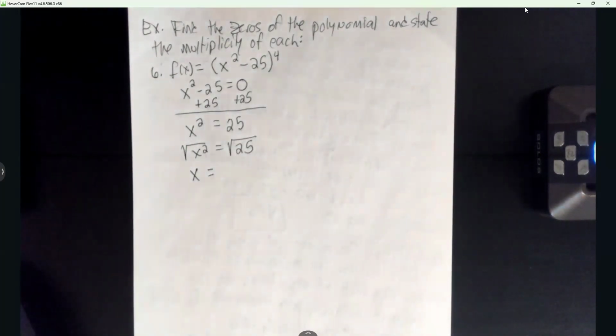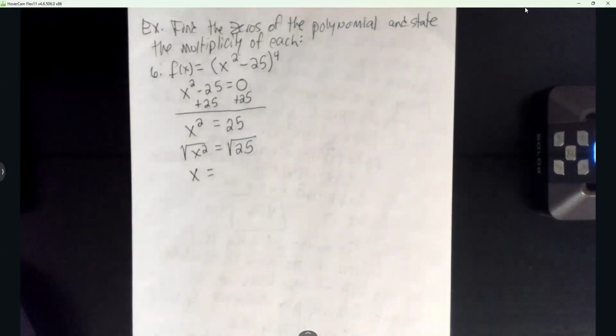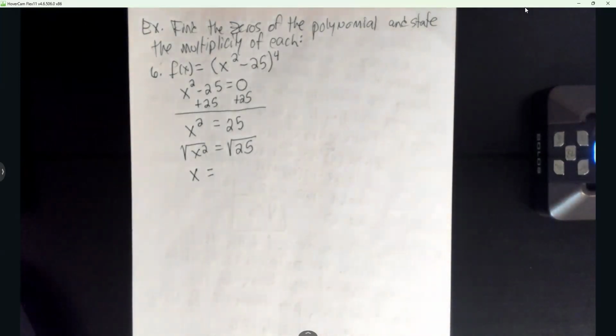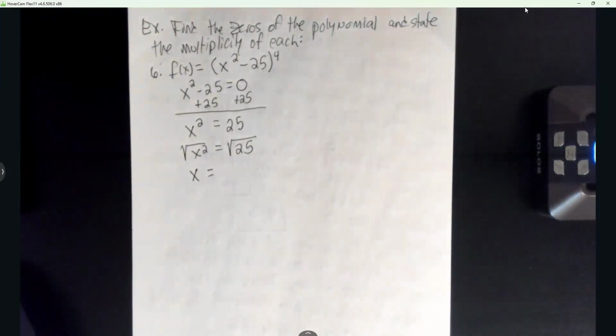All right, y'all, what's the square root of 25? Well, y'all got one of the answers. Give me the other answer. What y'all think of this? What times itself equals 25? 5 times 5 equals 25. Oh, I'm going to get y'all. Negative 5. Good job, Mackenzie.